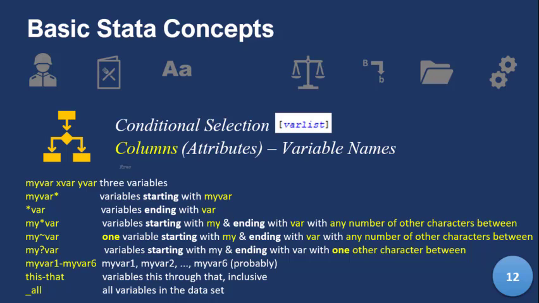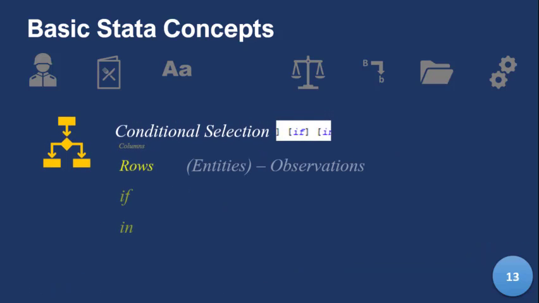And then there's my star var, which means in between there are different texts. And then the tilde, the question mark, and the dash. The dash is a range. All these things we'll do in detail. Just to put you on notice, underscore all is very wonderful. It selects all the variables in the data set.